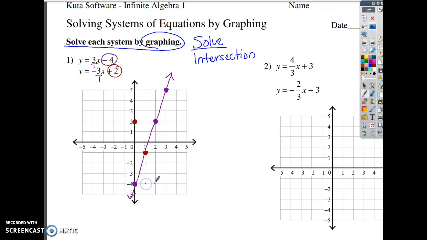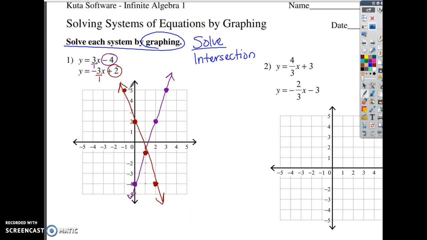Down 3 to the right 1. So my first point was 0, 2. My second point was 1, negative 1. My third point was 2, negative 4. And if I go backwards, it's over 1 to the left, up 1, 2, 3. That was that last point we saw, which is negative 1, 5. Connect the dots.